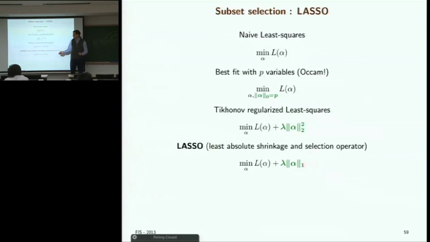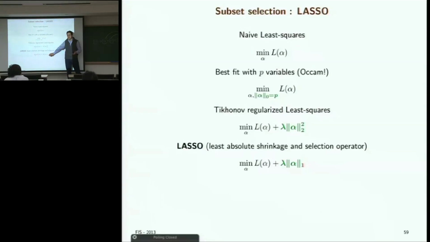Okay? The Manhattan norm of alpha. If you do that, in some cases, you can actually recover exactly the minimum of this. But there are a lot of conditions to get the recovery of the good alpha. But a lot of people now are using lasso to do variable selection.